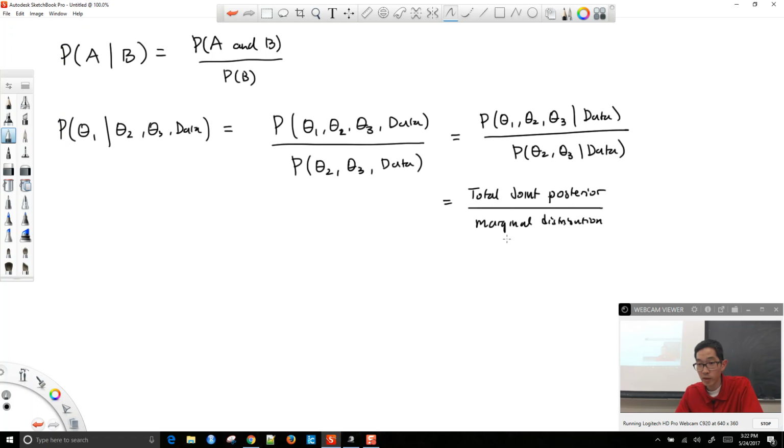We integrate out theta 1, or sum across all values of theta 1 there.